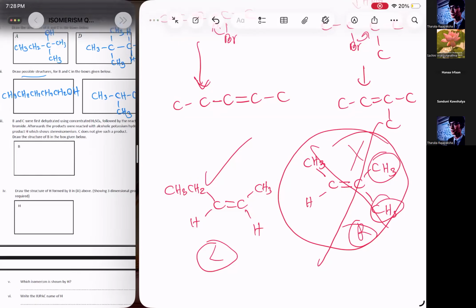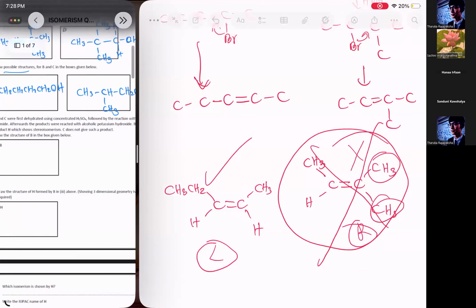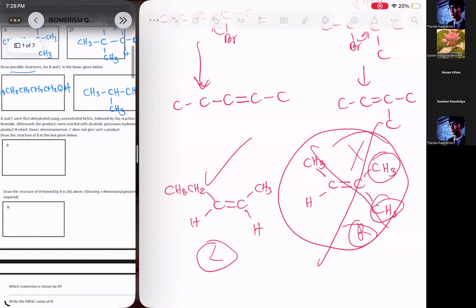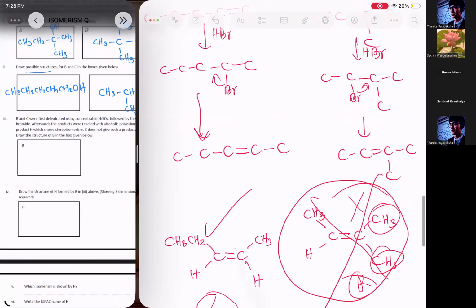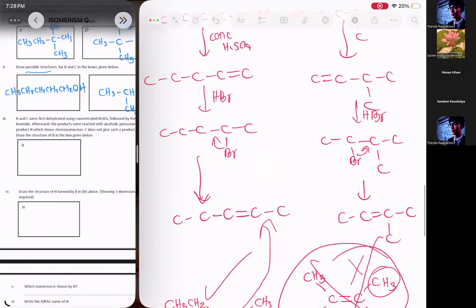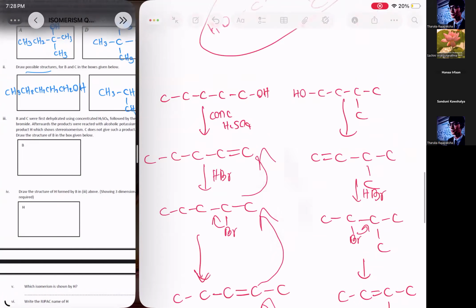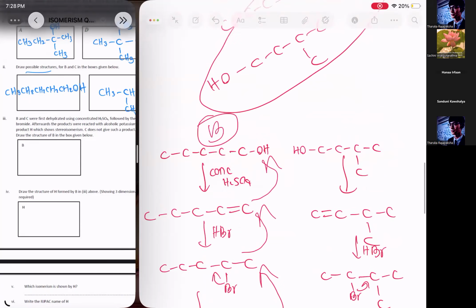So they say B forms such a compound. Now we have to trace back. This one came from this one. This one came from this one. This one came from this one. So this is B. So let's draw it.